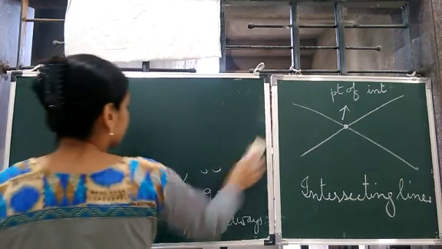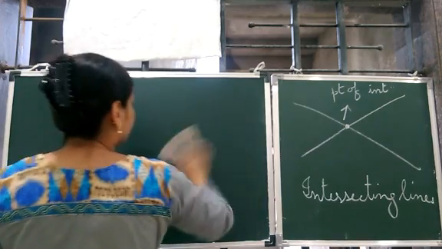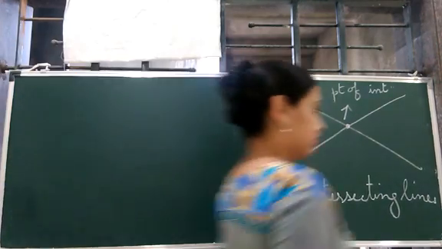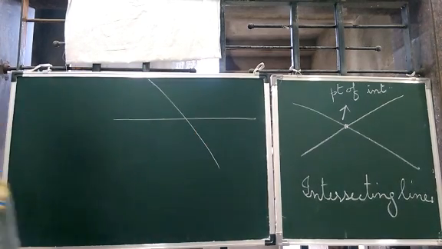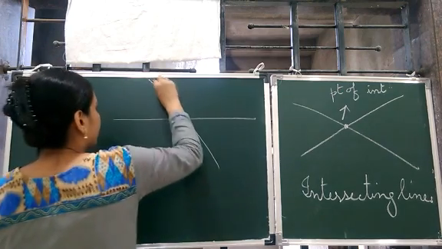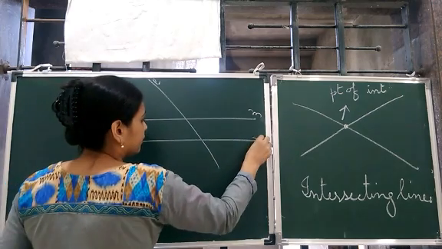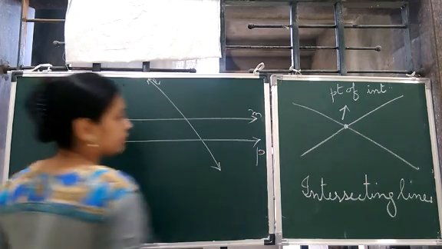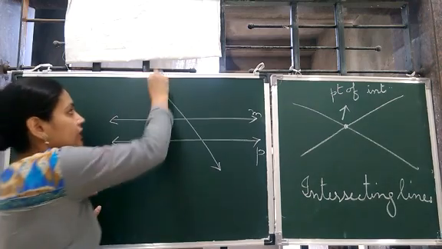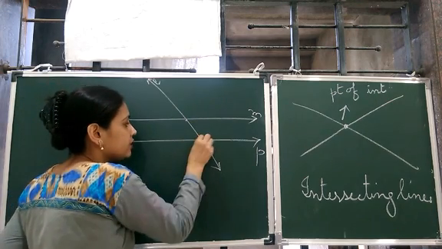Intersecting lines means when two lines are meeting one another. That means when one line is meeting another line, then they are intersecting lines. Now let's say this is line L, this is line M, and there is one more line P. Now line L is intersecting two lines at two distinct points.